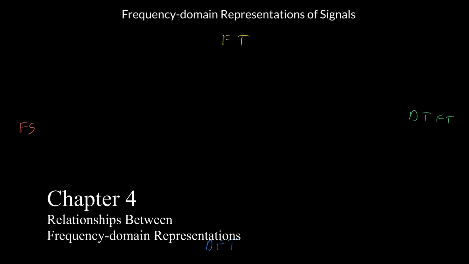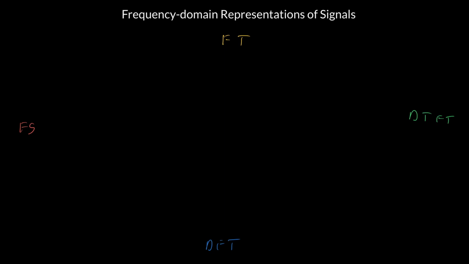We have now discussed 4 frequency domain representations of signals. We can take a Fourier transform, a discrete-time Fourier transform, a discrete Fourier transform, or we can form a Fourier series. However, it's important to realize that in each of these 4 representations, the concept of frequency is one and the same thing.